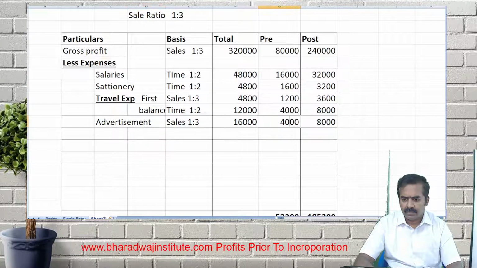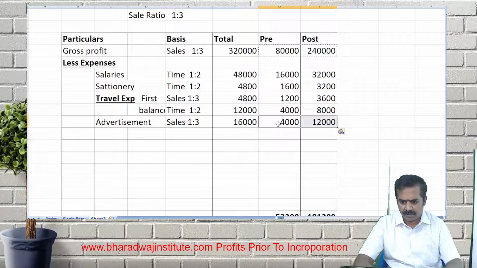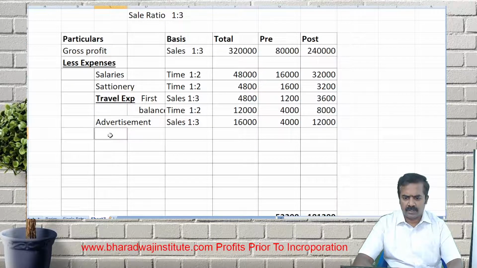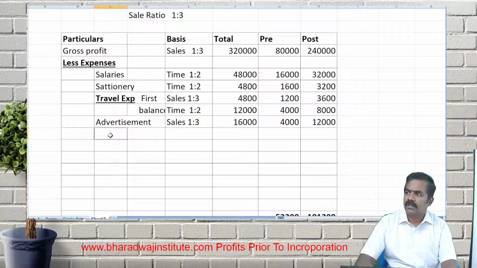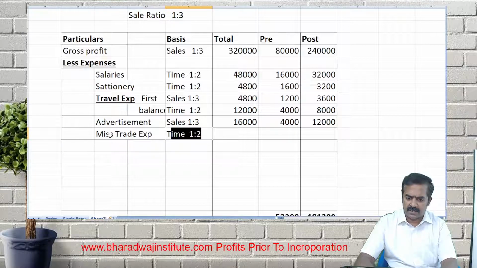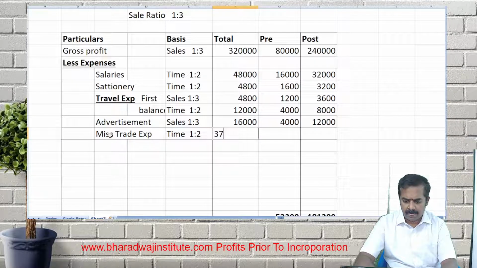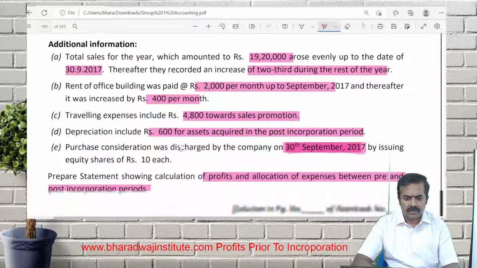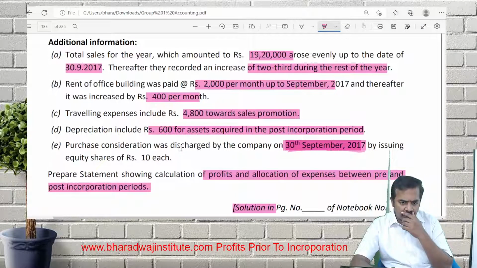Trade expenses 600. 16,000 in sales ratio gives 4,000 and 12,000. Next, miscellaneous trade expenses, in time ratio. 37,800. The trade expense I did not mention, but it is given.